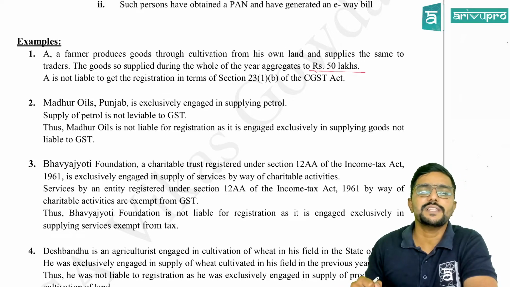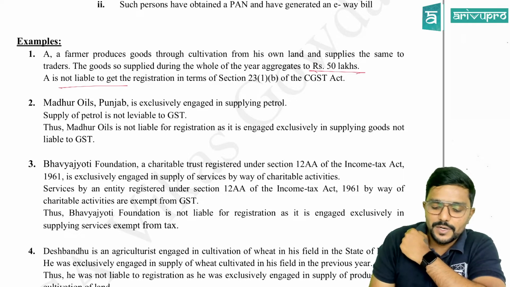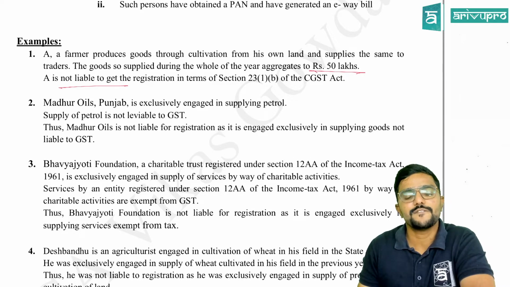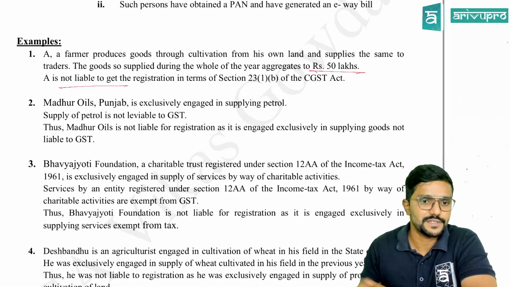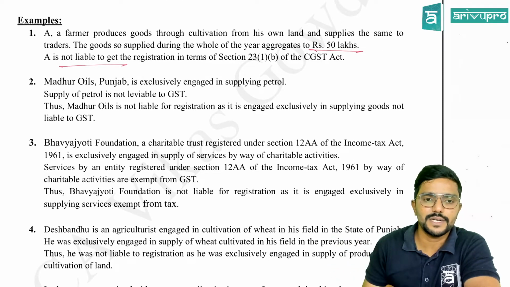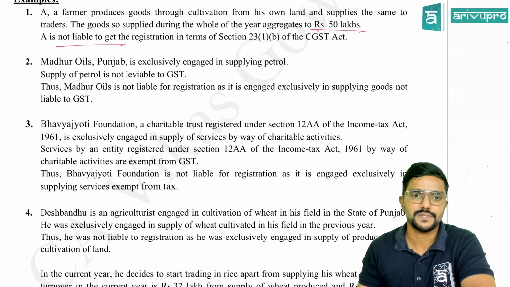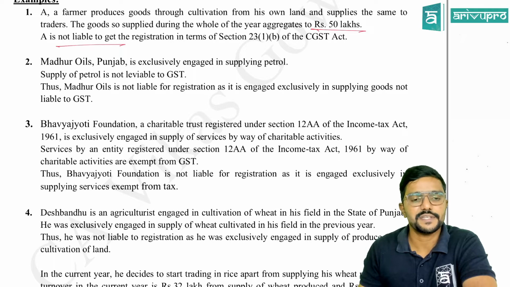So section 23 gives exemption for it. So A is not liable to get the registration in terms of section 23(1)(b) of CGST Act, guys. Clear? Yes. Next, second point. And here the aggregate turnover doesn't matter whether it is 50 lakh, 100 lakh, 200 lakh, whatever it is. If you are an agriculturist, then you should not get registered.